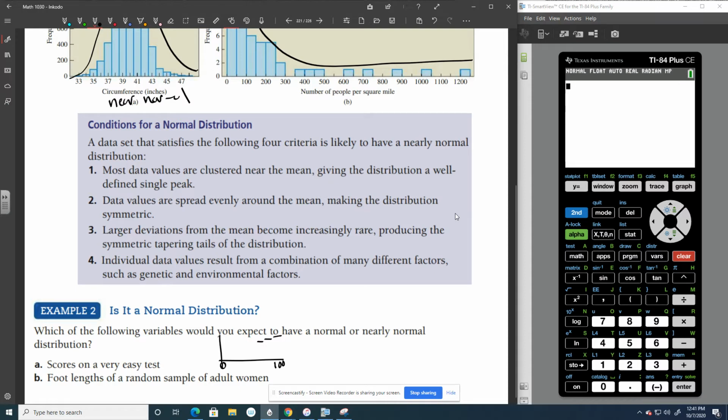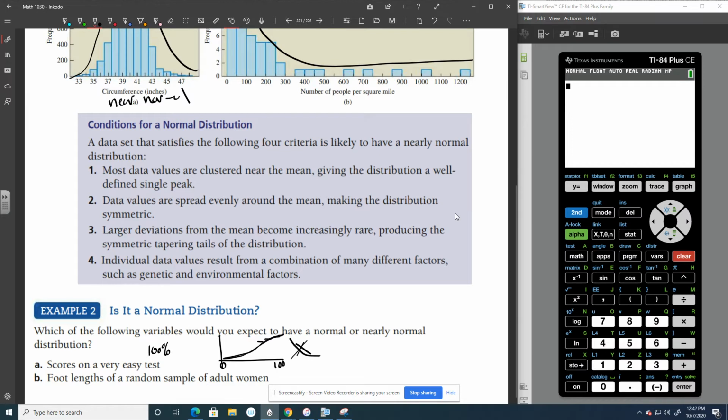And then I probably don't have very many low scores. Now, here's the problem with this test, is it maxes out at 100. So if it's an easy test, a lot of people are getting these high scores, but you don't have all these people tapering off to the right. That's not happening. So this one is skewed to the left, mostly because of that 100% maximum amount right there. So that one wouldn't be a normal distribution.